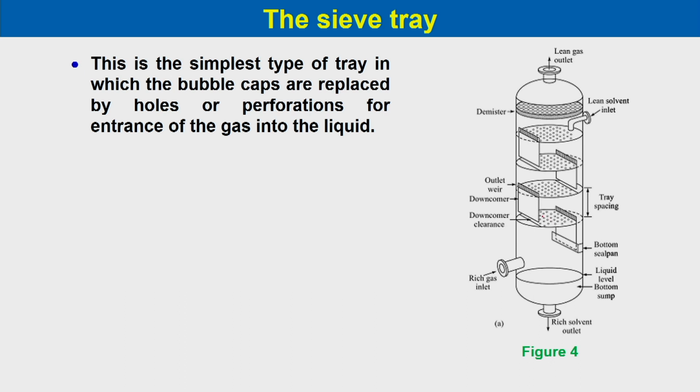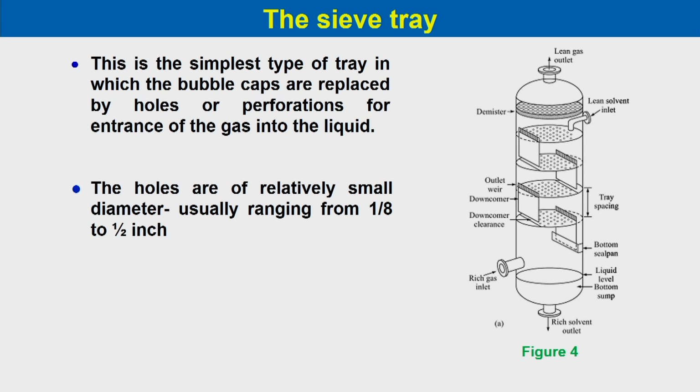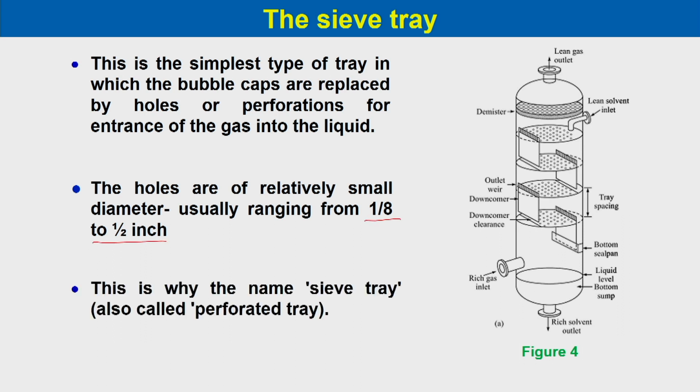So, instead of giving a cap and making a riser through which the gas used to pass, this can be replaced with normal holes on the tray, which will give the passage of the gas into the liquid. The holes are of relatively small diameter, usually ranging from 1/8 to half inch. This is why the name is sieve tray, also called perforated tray.